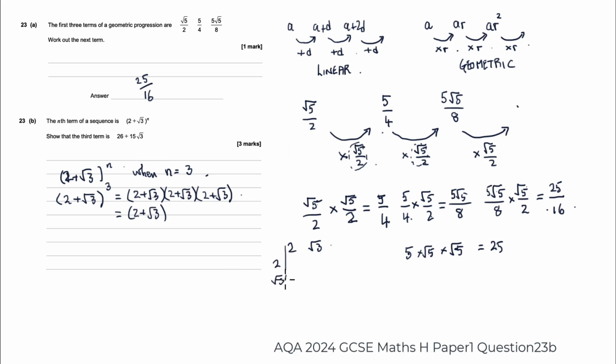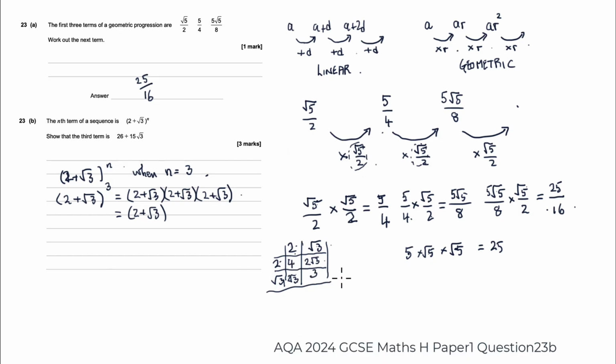A lot of people put them into a table and multiply the corresponding terms. 2 times 2 is 4. 2 times root 3. Then here goes root 3 times 2. That's the same, 2 times root 3. And then root 3 times root 3. That gives us 3.